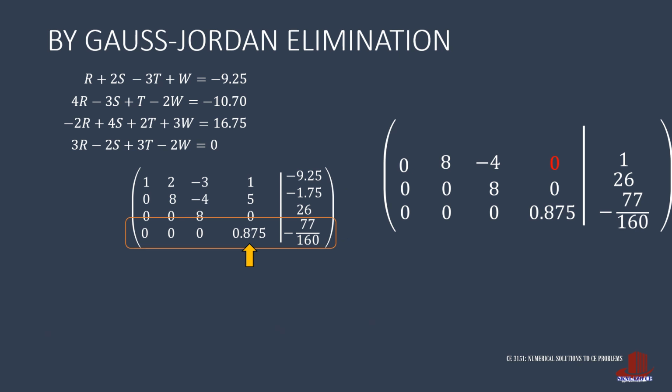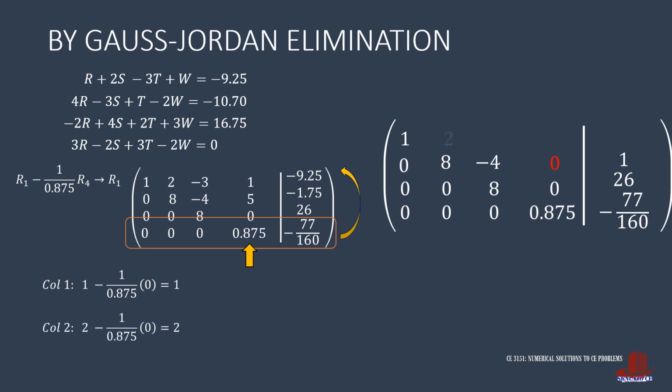Next is to zero out element 1, 4. Using R1 minus R4 over 0.875 as the new R1. For the first element, there is 1 minus 1 over 0.875 of 0, making 1. The second element is 2 minus 1 over 0.875 of 0, and that is 2.